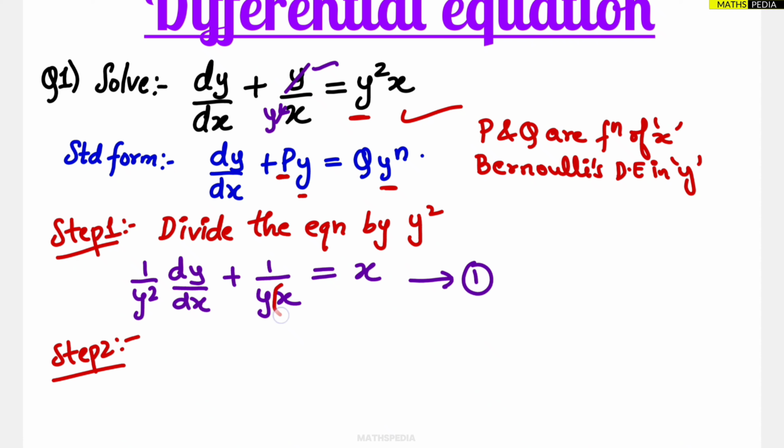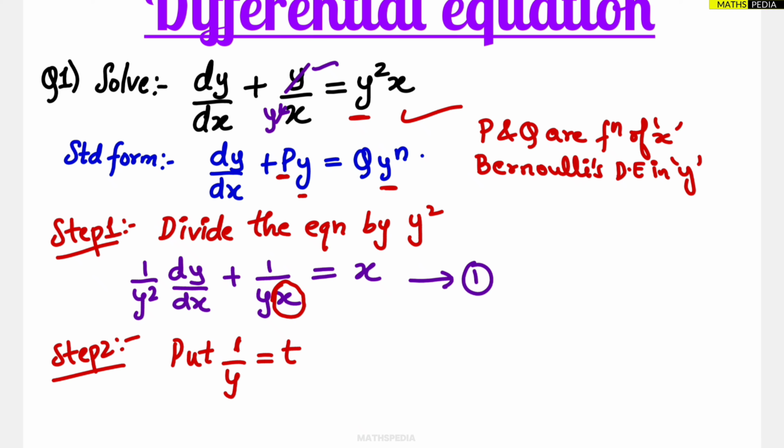So here x is sitting, and beside that 1 by y is sitting. So we can say put 1 by y as t. Simple. Don't put 1 by x. Beside p, p is a function of x, and some other person is sitting, that is 1 by y here. So I am going to put it as t.